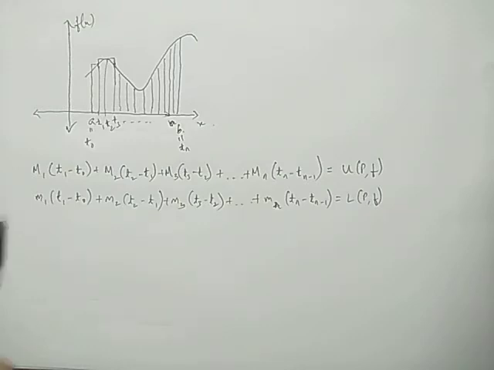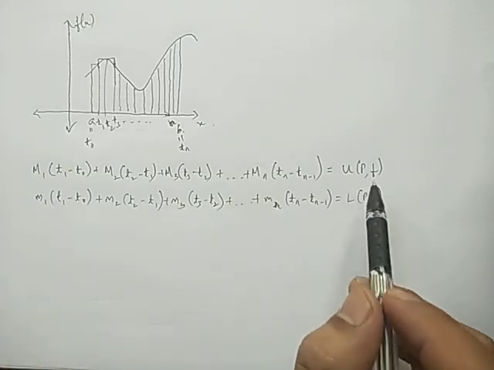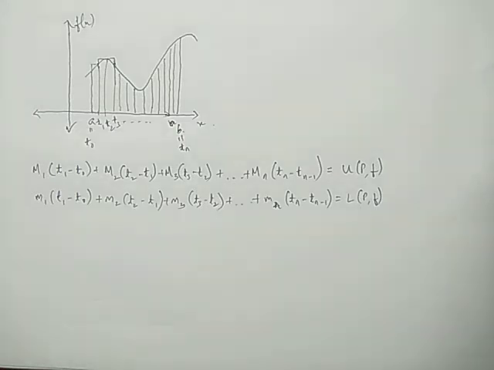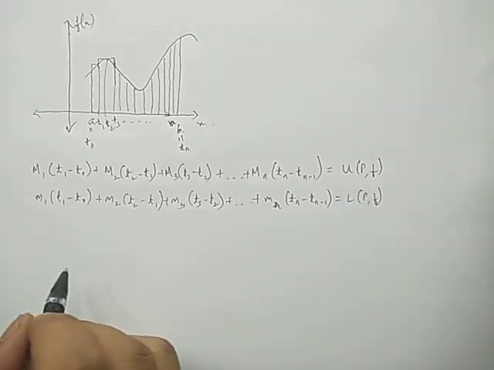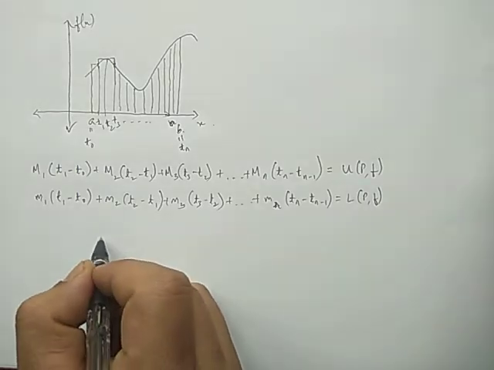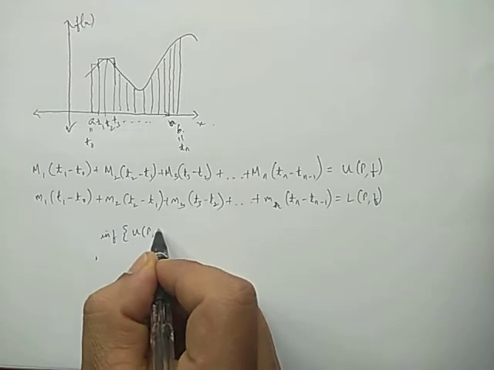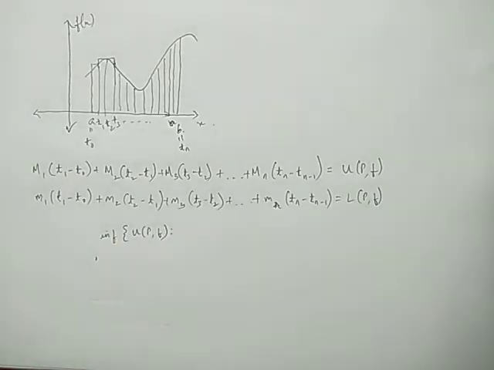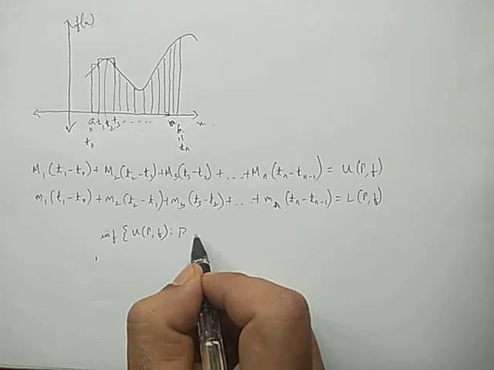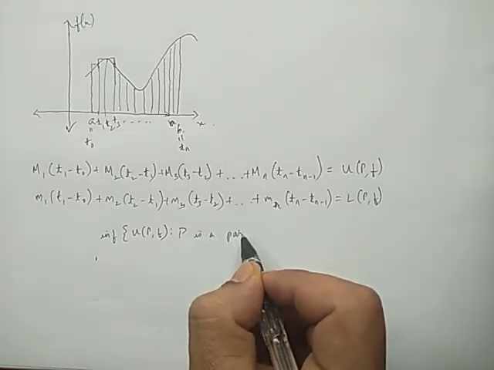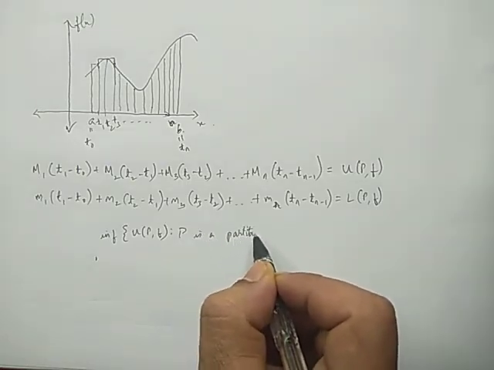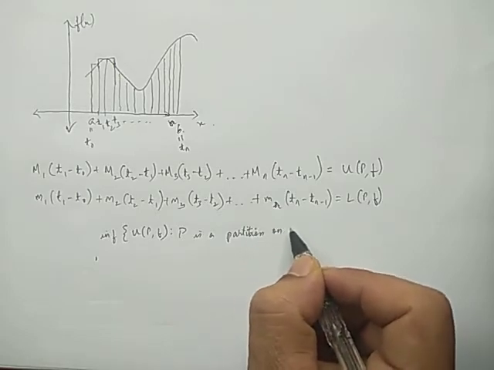So for all those UPF, the minimum of that UPF, I call it the infimum of UPF, where P is a partition on the interval AB.